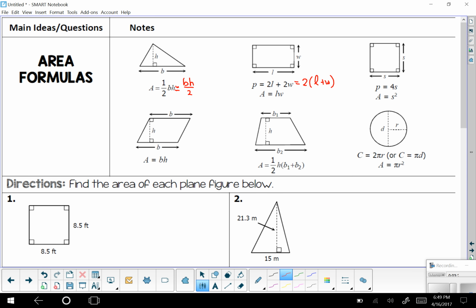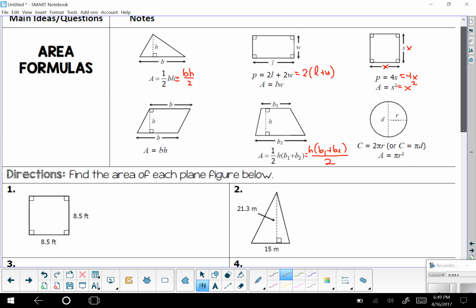Instead of the s's, you could put x's. So this would be 4x, and this would be x squared. This is fine. This right here could also be written, which I kind of like, as this. I always like that. And please make sure that you stick with that.